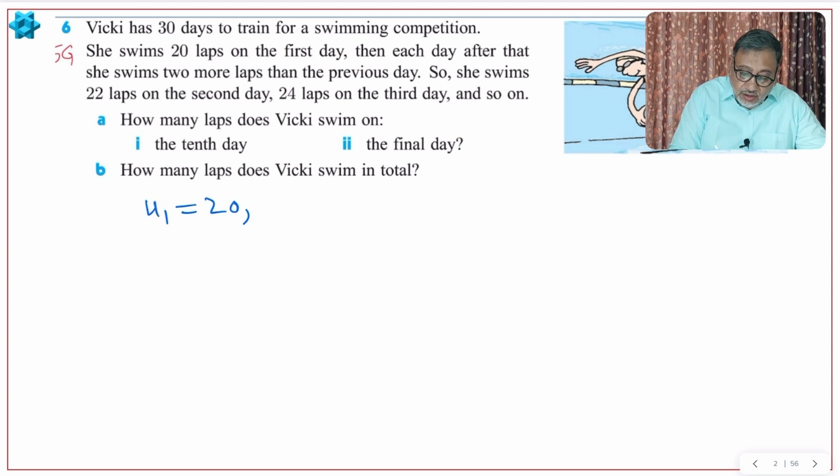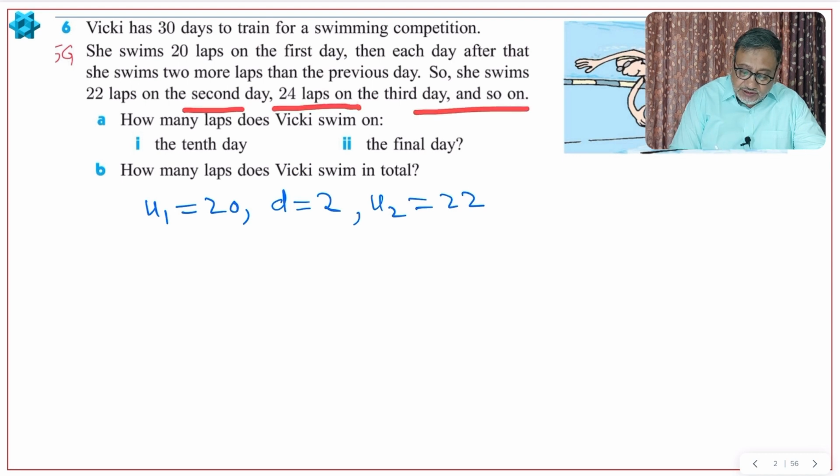Then each day after that she swims 2 more laps, so d is 2, because it will add 2 to the previous one. So she swims 22 laps on the second day. Of course, when you add 2, u2 will be 22, and 24 on the third day, and so on.